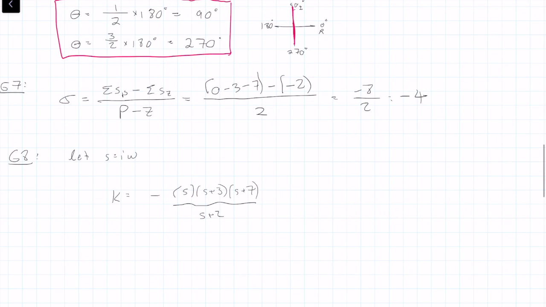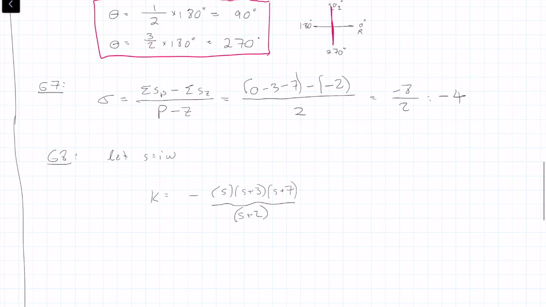Let's just do this in terms of S first of all, so that we get it into a nice format. So we can say that K times S plus 2 is equal to minus, and here we go, S cubed plus 10S squared plus 21S plus 0.